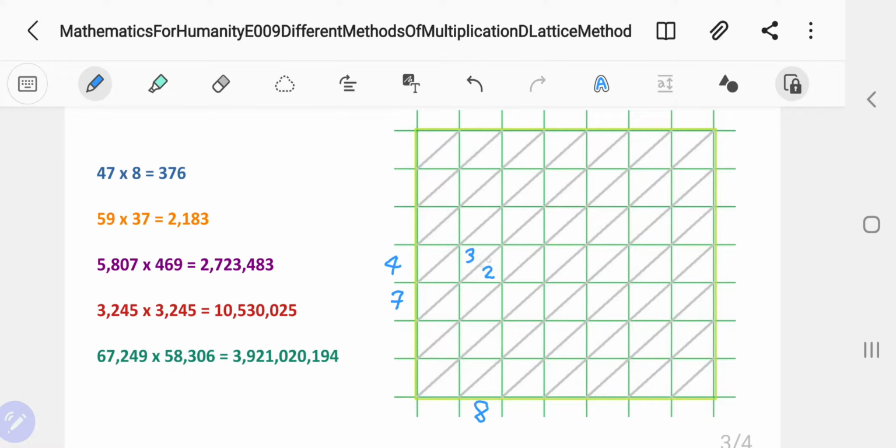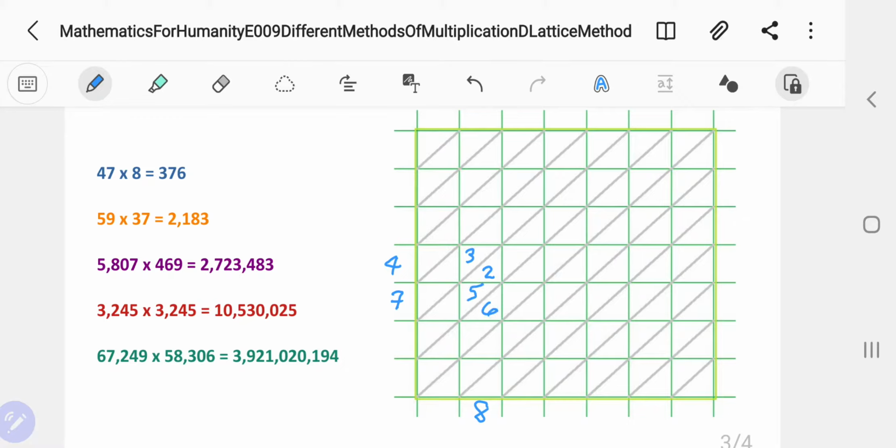We separate the tens and the ones digits. So 3 would be on the upper triangle, and the lower triangle would be 2. So we have 3 up and 2 down. And then we have also 7 times 8, that would be 56. We write 56 here.